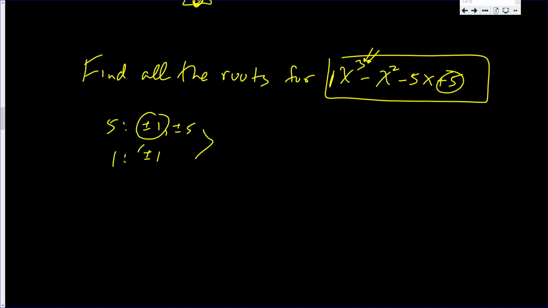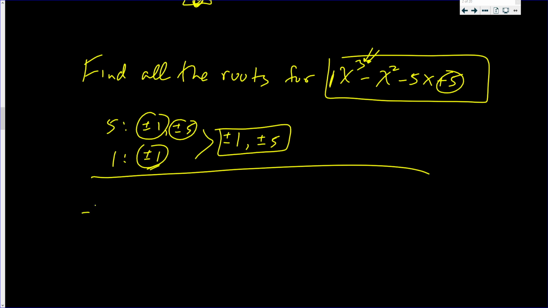If you do this number divided by that number, you get plus minus 1 over 1, which is plus minus 1. If you do plus minus 5 divided by plus minus 1, you get plus minus 5. These are the possible rational roots.